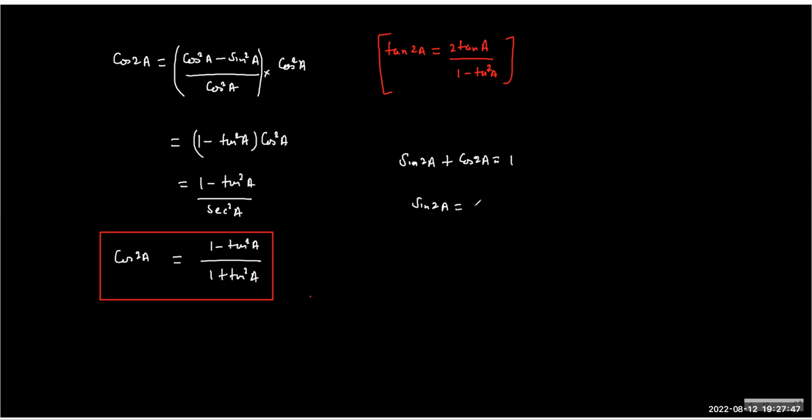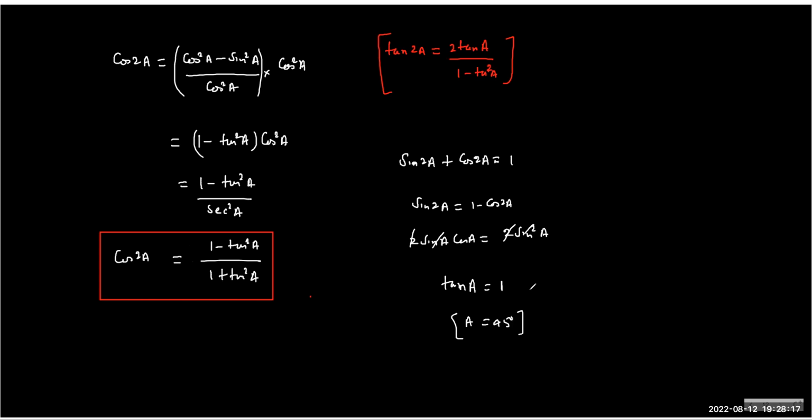So this you can write as 1 minus cos 2A, and this will become 2 sin A into cos A, and this becomes 2 sin square A. Then 2 cancels out, sin cancels out, and this becomes tan A equals 1, which means A is 45.